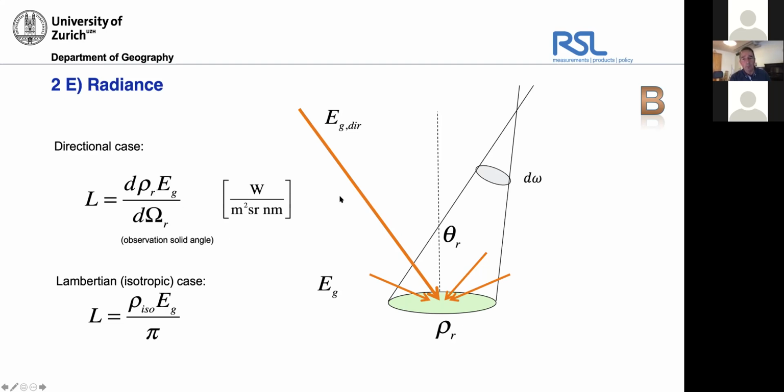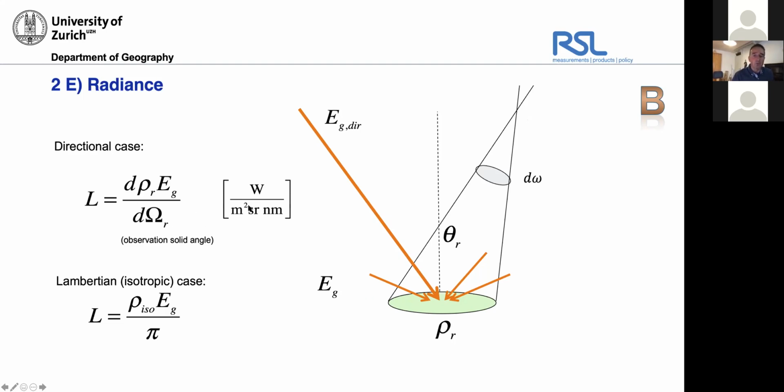So we got to multiply the irradiance by the reflectance, and we got to divide by the observation angle, the omega, sometimes a big one. I'll show the difference afterwards. So that's the solid angle under which you observe the pixel. And that's how it's defined, the radiance.